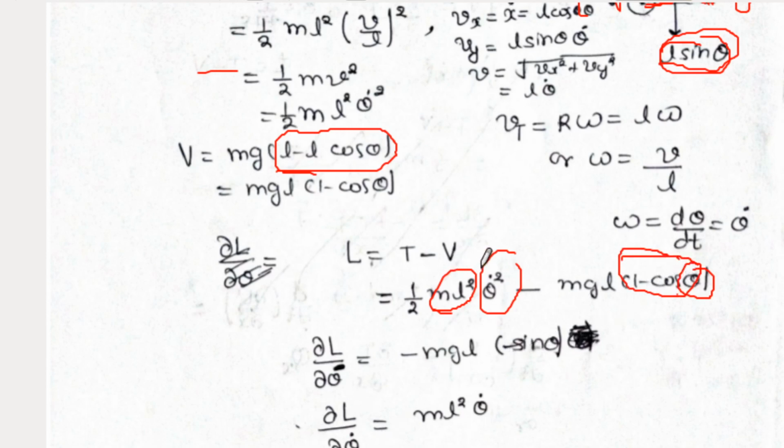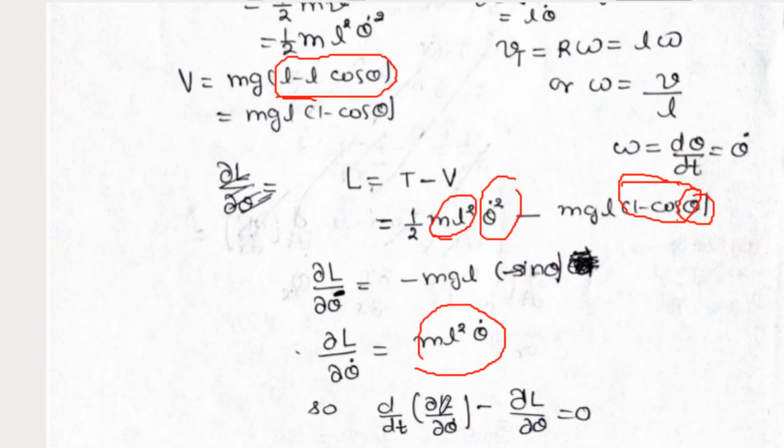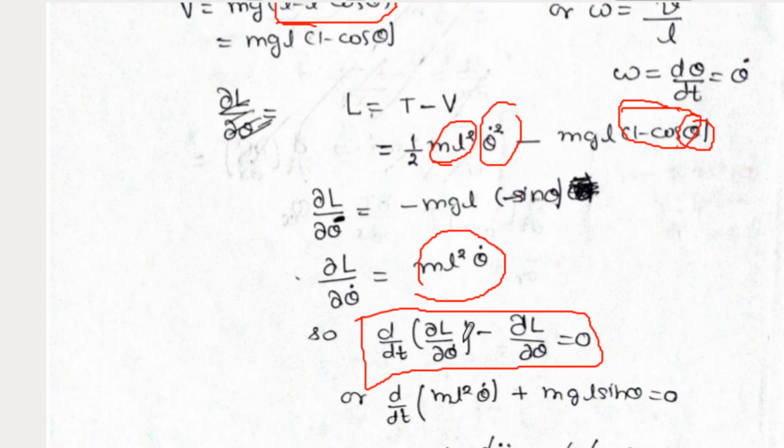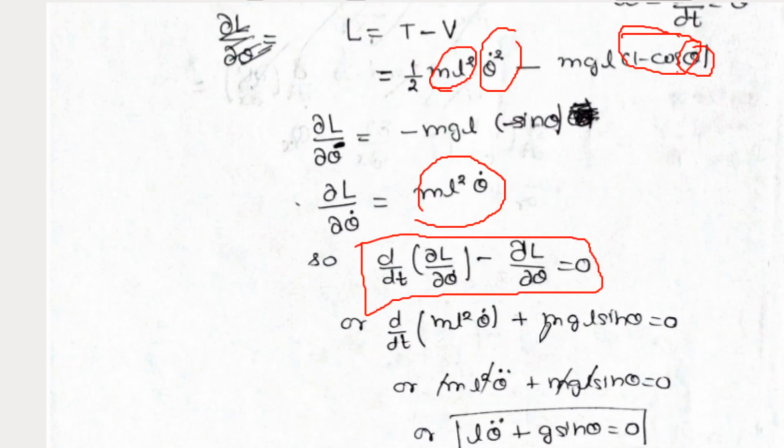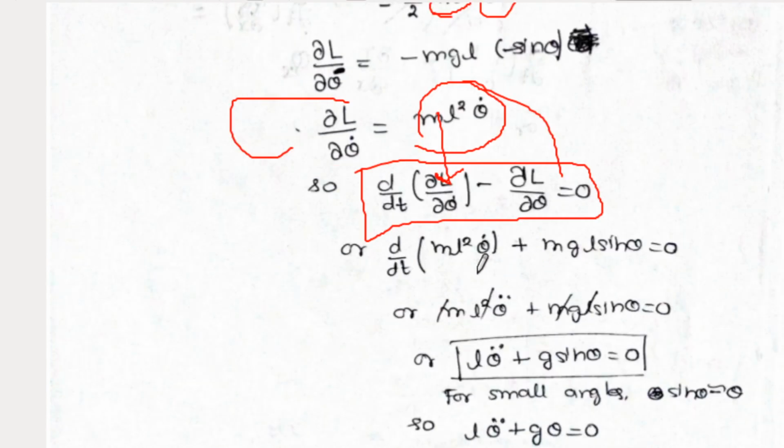And when we take the partial derivative of L with respect to theta dot, you get m L square theta dot. Now our Lagrange equation of motion for the conservative system will be d by dt of del L by del theta dot minus del L by del theta is equal to 0. Now put the values of both the derivatives in this Lagrange equation, right? So this becomes m L square theta double dot, and this will become mgL sin theta.